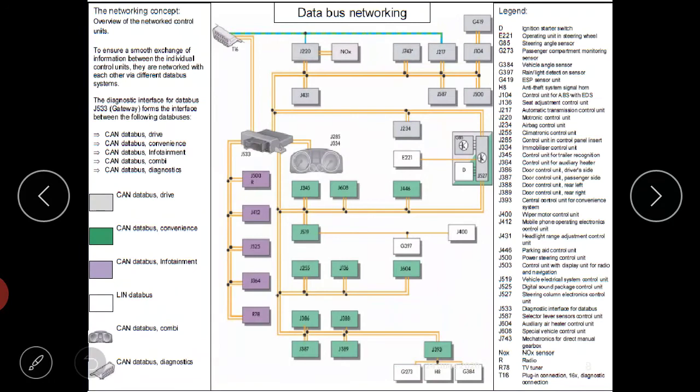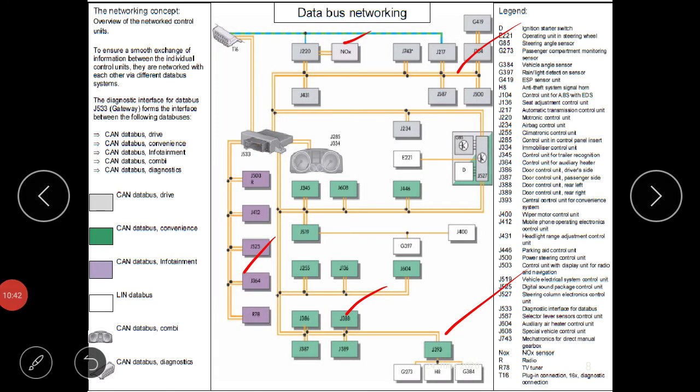Now in this figure, this is the data bus networking of the whole vehicle. This is a Golf 5 VW model, and in this there are different control units. So this one, this one, this one, this one, these are different control units, and these control units are connected to each other.